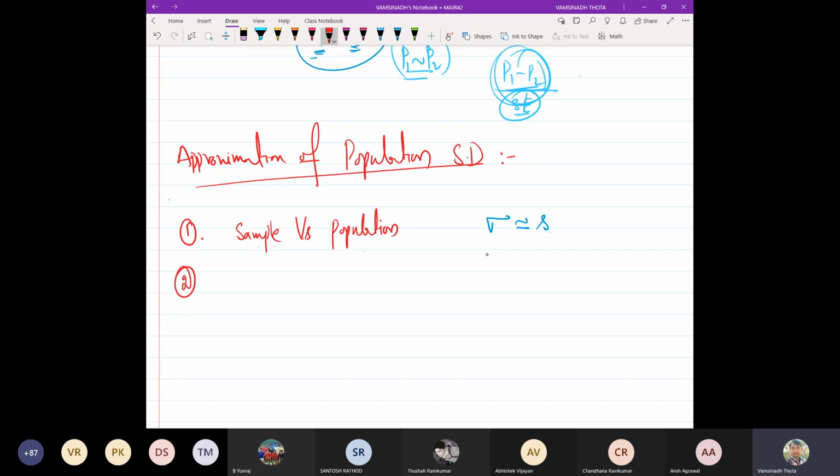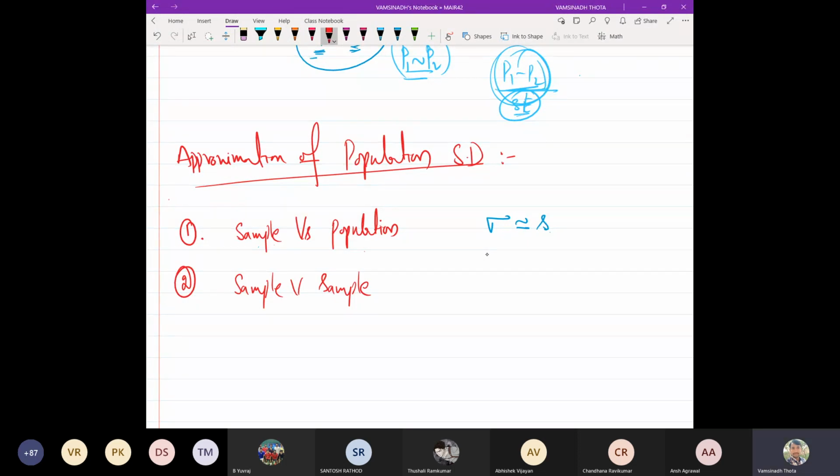And the third one, sample versus sample, between two samples.